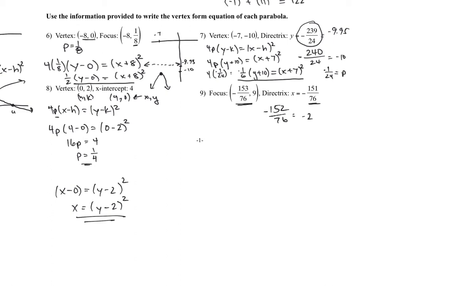So let's just kind of sketch this one out. The focus is at -2 point something. So here's 1, here's 2. So -2 point something. It's going to be a little bit bigger than 2, and it's way up here at +9. So out here, that's your focus. Your directrix is going to be, this number is a little bit less than 2.